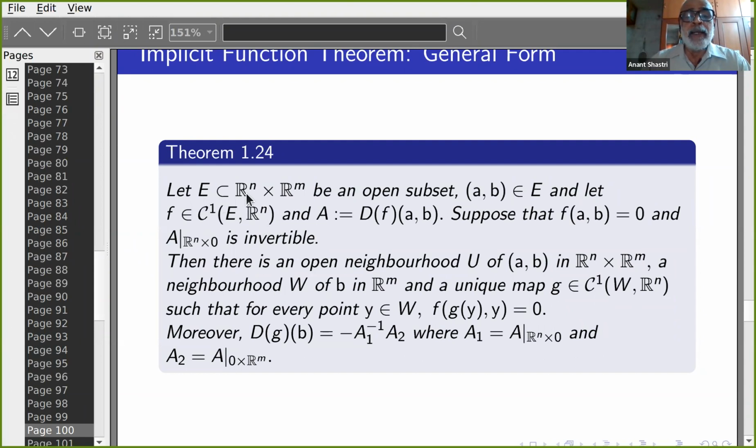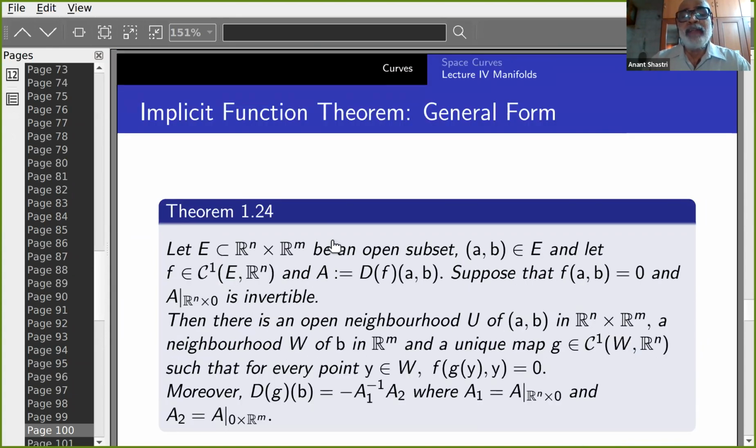Let E contained inside Rn cross Rm be an open subset. (a, b) is a point of E. f is a C1 function. And capital A is the derivative of f at this point (a, b). So this is the linear map at one single point. What is the hypothesis? f of (a, b) is 0 and A restricted to Rn cross 0, this is my A1, is invertible.